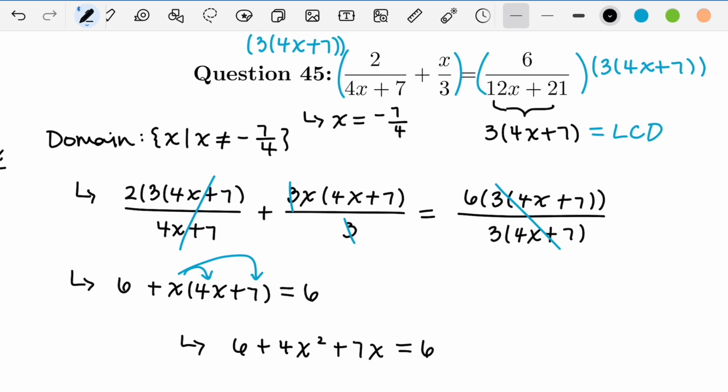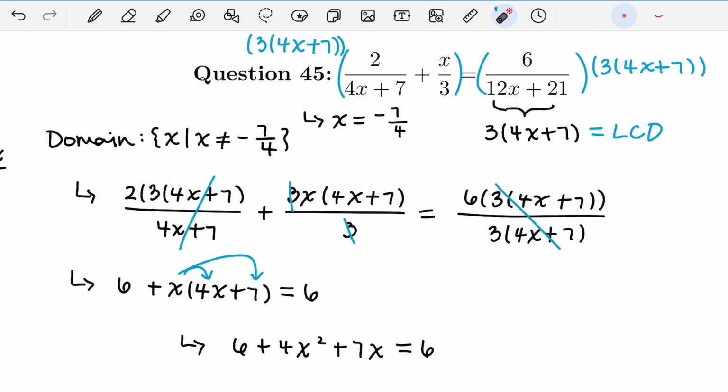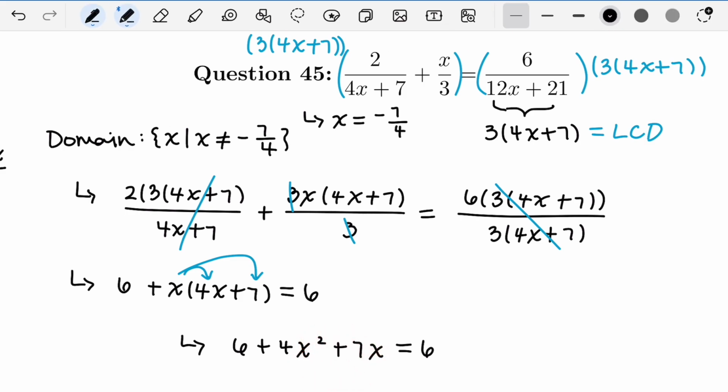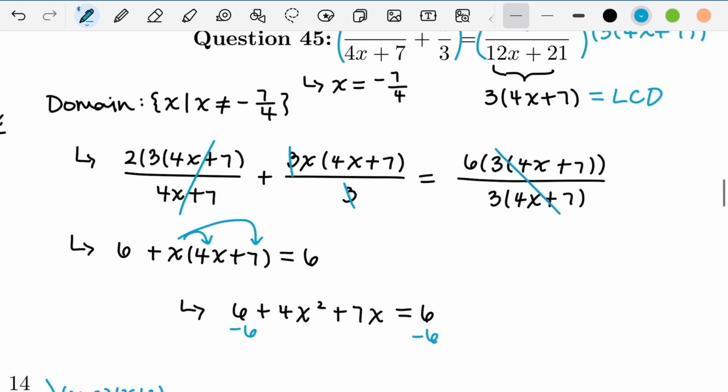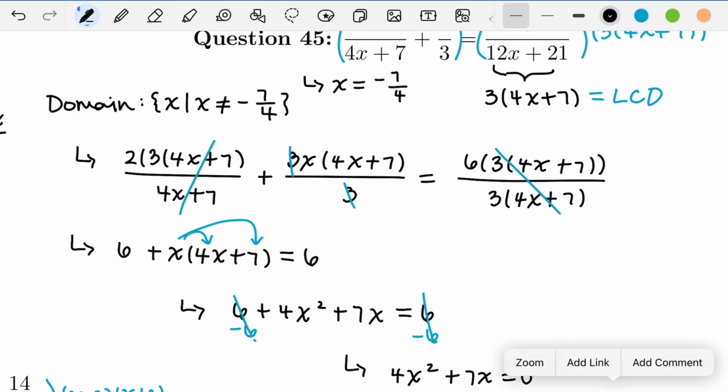So what we're going to do in this case is see if we can move everything over to one side of our equation, and then see if we can factor this guy, because we have this polynomial expression. So let's subtract 6 from both sides of our equation here. Doing so, we're going to end up with 0 on the right-hand side, and then these guys are going to cancel. So from here, we're going to get 4x squared plus 7x is equal to 0.